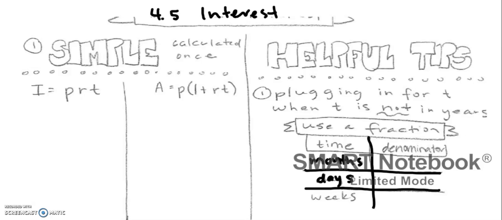So the simple interest we're going to talk about, I've got 2 different formulas here. The first one says I equals PRT. So we're going to spend a moment just defining the variables. The I stands for interest, obviously. The P stands for principal with AL at the end, not LE.